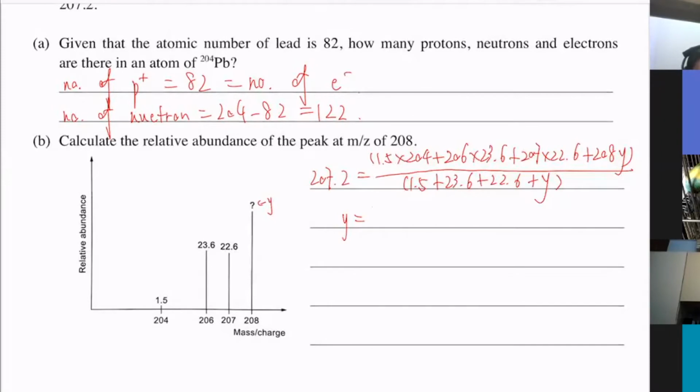Alright, so I give you the answer, and if you're having difficulty solving the equation, let me know, and I could give you some help after the lesson.